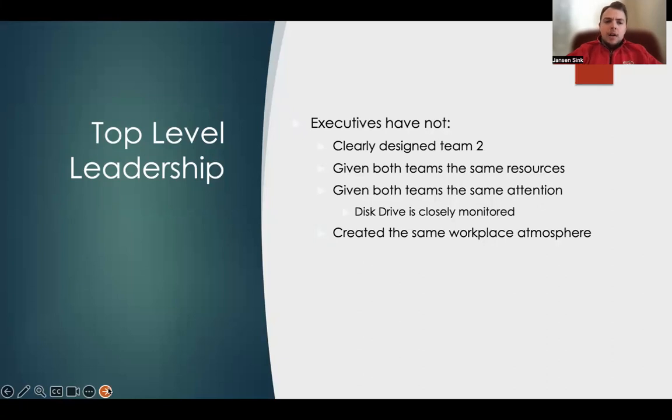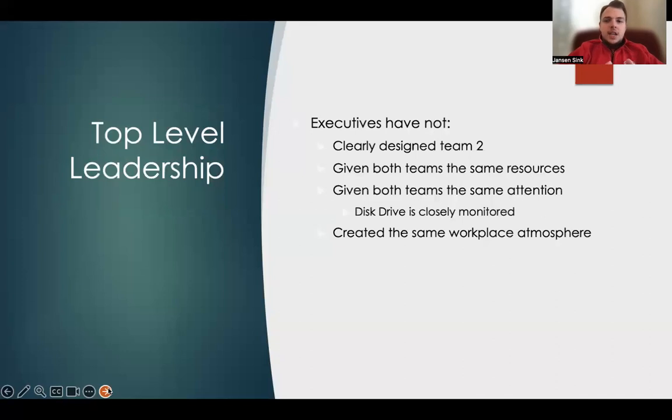And a lot of that falls on top level leadership. I put a couple things on this slide of things that the executives have failed to do. They have failed to clearly design both teams. One team, they did a great job, but the other team was just kind of almost as if it were an afterthought.